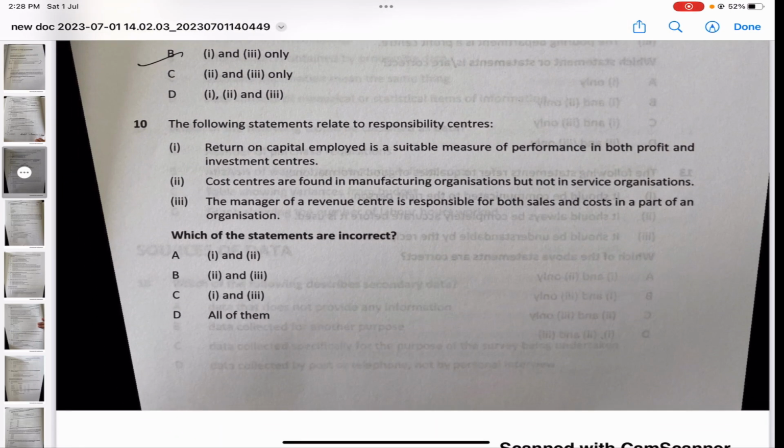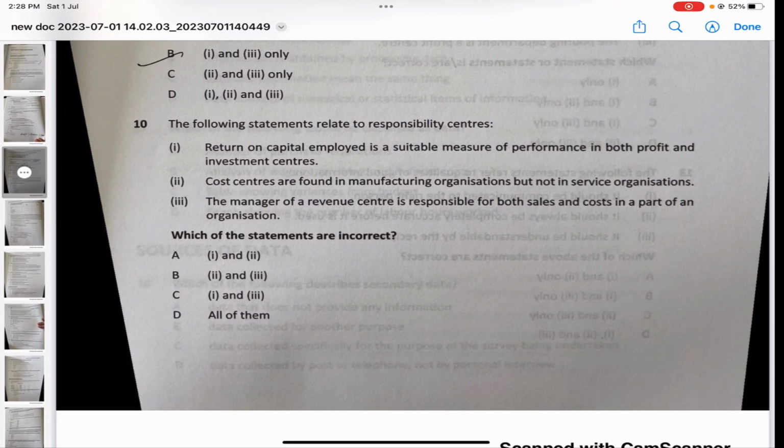The following statements relate to responsibility centers. So we already discussed what a responsibility center is. If I am the head of a department, then I have the responsibility of that department. So that is one responsibility center.